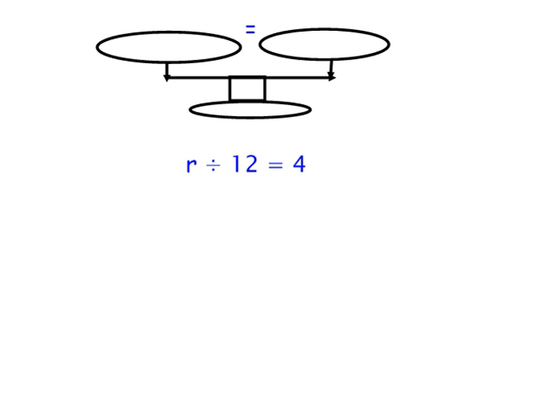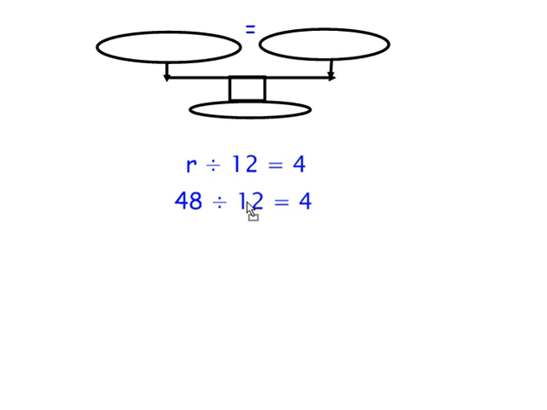This next problem is going to use division. We get r divided by 12 is equal to 4. Or in other words, some number divided by 12 is equal to 4. So this must be a fairly large number, because a large number divided by 12 is equal to 4. Well, we can multiply 12 by 4, and that gives us 48.